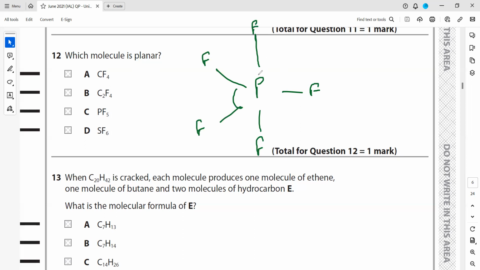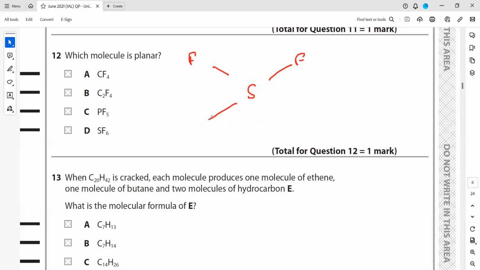These angles are 120 because 5 bond pairs and there is no lone pair. So these angles are 120 and the angle between the two will be 90. This will be trigonal bipyramid. So this is not planar. And SF6, when sulfur is bonded with 6 fluorine, the structure of SF6 is octahedral because 6 bond pairs and no lone pairs.